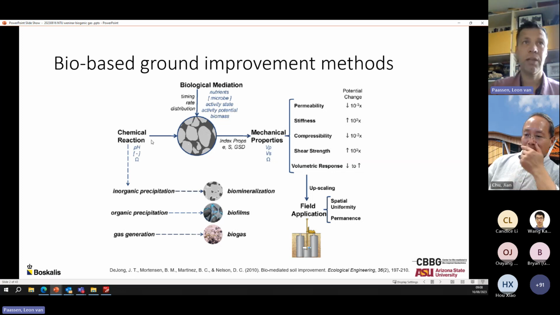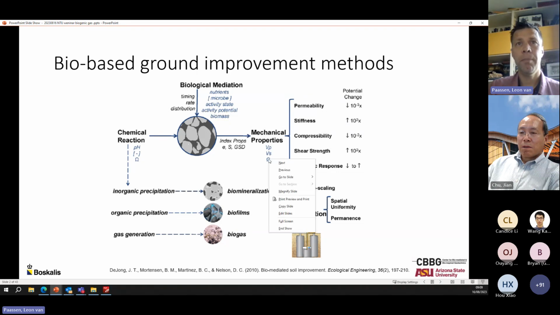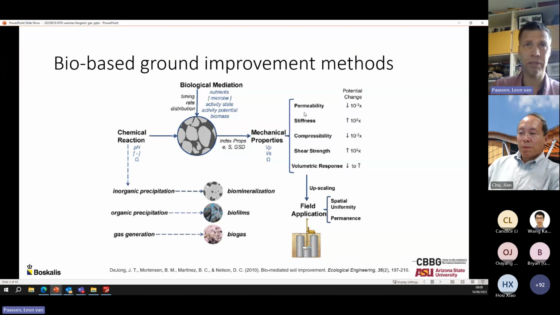It is trying to use biological processes occurring in the subsurface to catalyze a chemical reaction, which we can use to change the mechanical properties of the soil. These properties may vary, maybe the permeability, the stiffness, compressibility, shear strength, or volumetric response which you would like to change. But you can do that by forming different products.